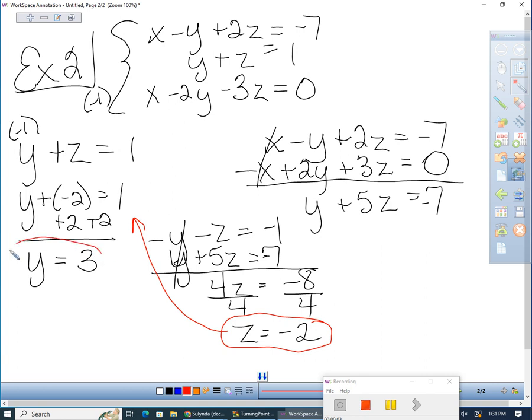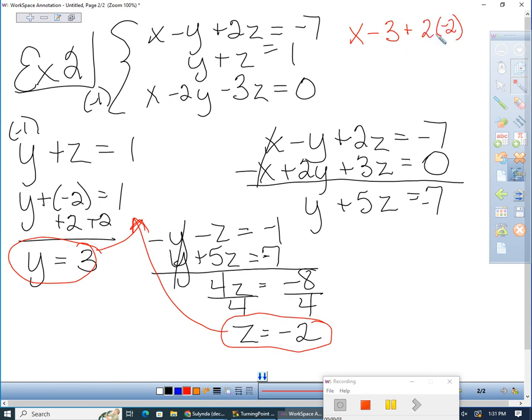Now we have this result. What are we going to do with both of these? Yep, we want to plug it into the first one. Very good. All right. So we have x minus y, which is 3, plus 2 times z, or negative 4.